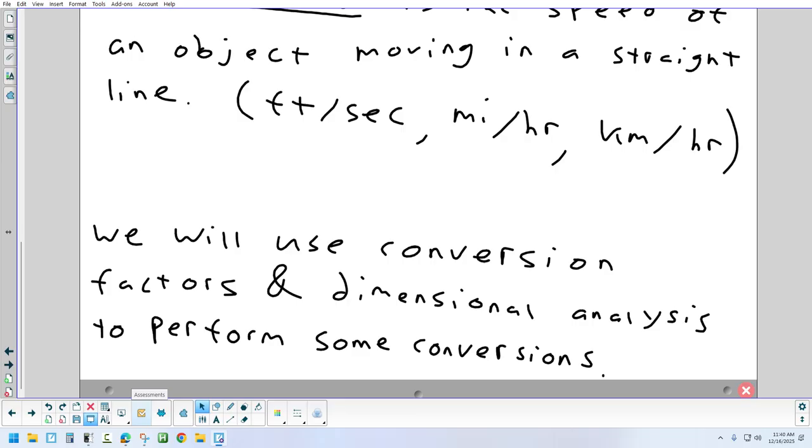Those would be the time conversions. Distance conversions, you need to know how many inches in a foot, how many feet in a yard, how many feet in a mile. That's pretty much it. And then angular conversions, you need to know how many degrees in a revolution and how many radians in a revolution.